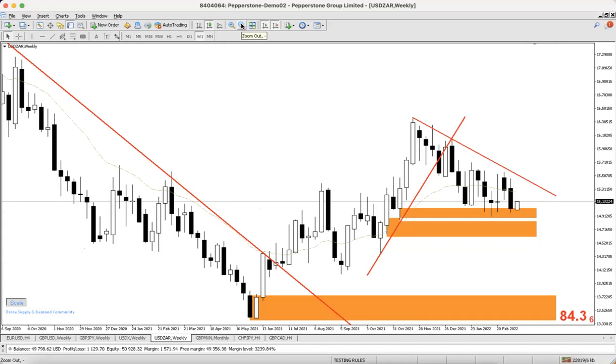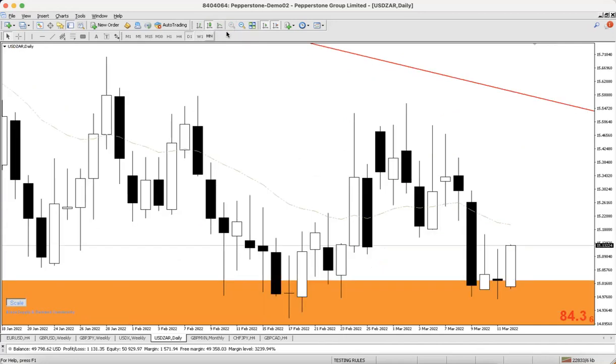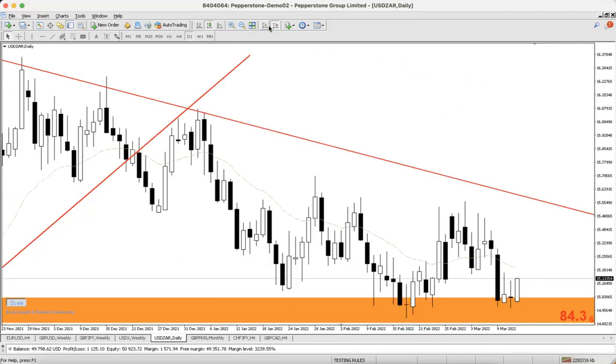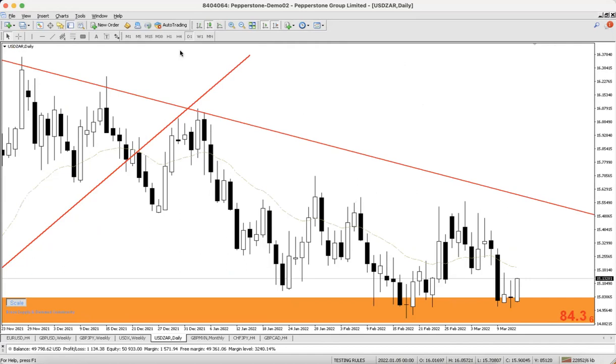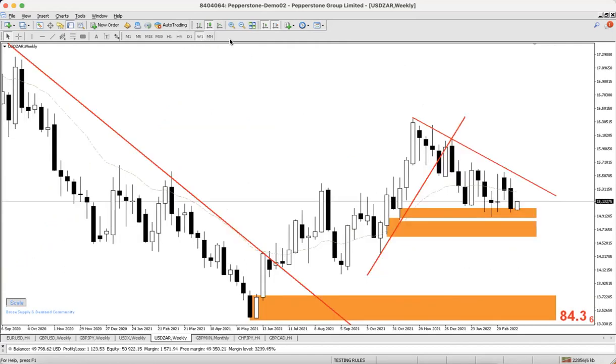It's a waiting game, okay? The waiting game. The position, the area where you can enter. Here for dollar ZAR, we use something that we call confirmation trades. So confirmation trades is either we wait for price to cross this line.